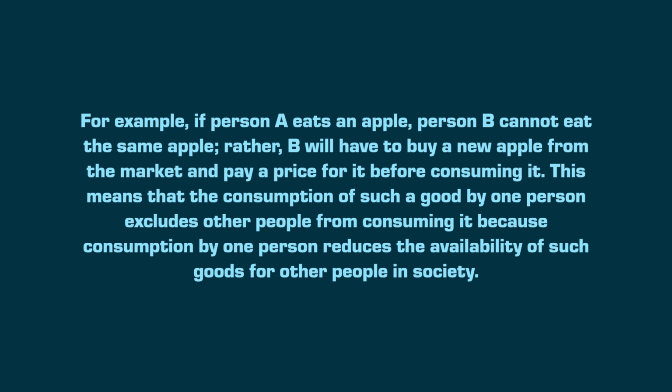Rather, B will have to buy a new apple from the market and pay a price for it before consuming it. This means that the consumption of one good by one person excludes other people from consuming it, because consumption by one person reduces the availability of such goods for other people in the society. Now, such goods are called rival goods because they are private goods and cannot be used as public goods.